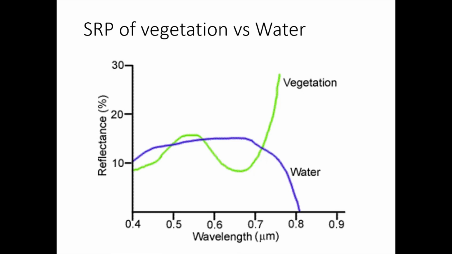We saw yesterday how to classify different species of plants. So if you know where to look in the electromagnetic spectrum, and you understand the factors which influence the spectral response of the features of interest, that is very important to correctly interpret the interaction of electromagnetic radiation with the Earth's surface features.